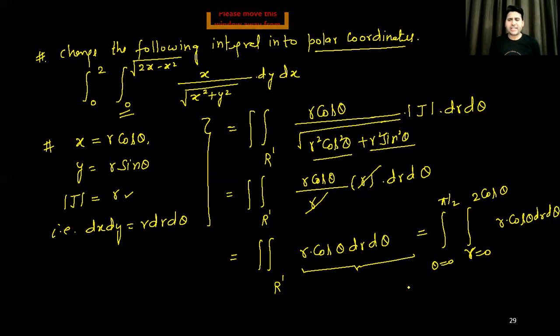Now do the integration and we will get the result of the given integral. I leave this solution for your practice. Firstly, we should integrate for r, then put the limits, then for theta. So this is how, students, we have changed this integral from xy coordinates to polar coordinates. Hope you understood the concept.